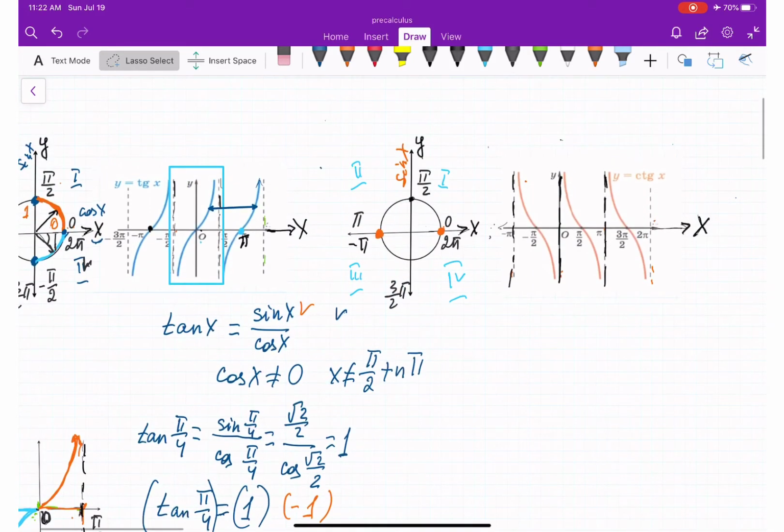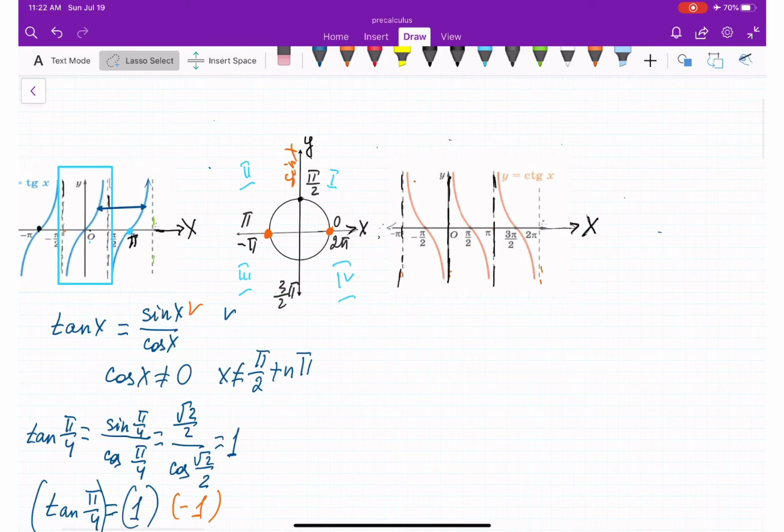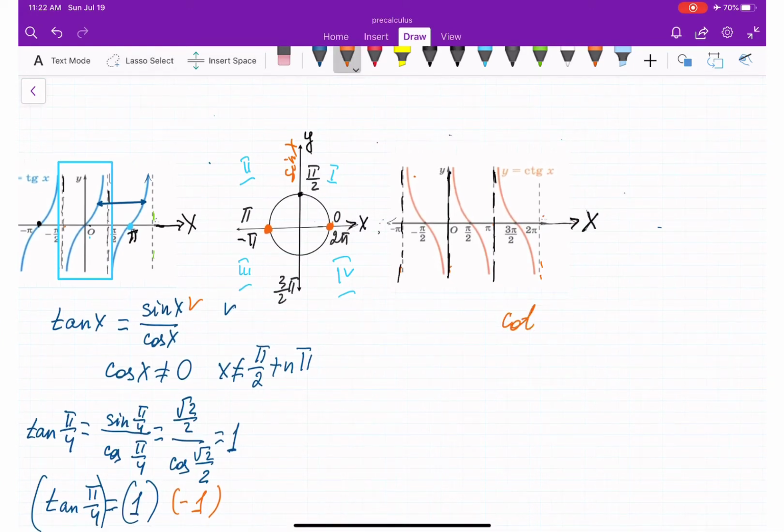Moving to cotangent. Cotangent is equal to cosine x over sine x. So since we have a fraction and in the denominator we have sine x, that means right away we put a condition: sine x cannot be equal to 0. Let's see what that means. x cannot be where sine x becomes 0, at the points 0 and pi.